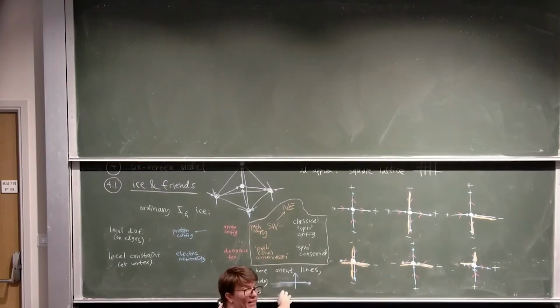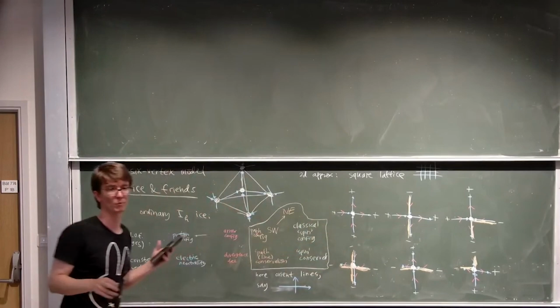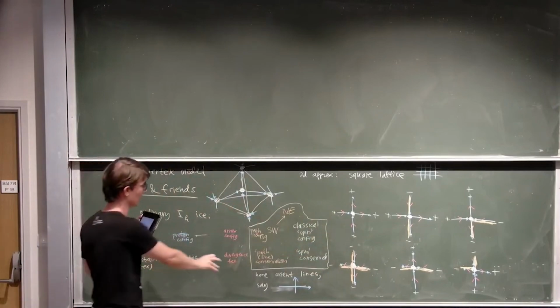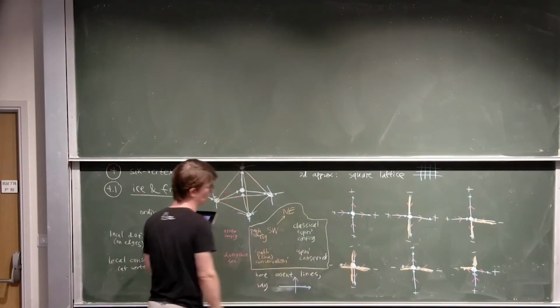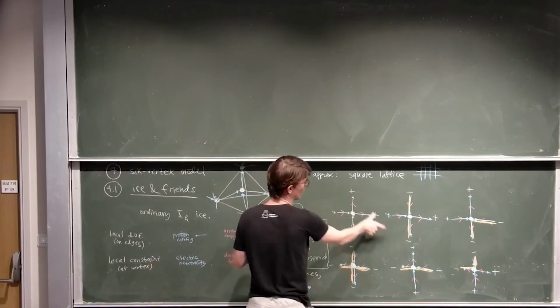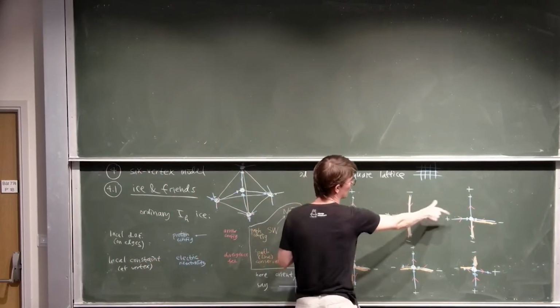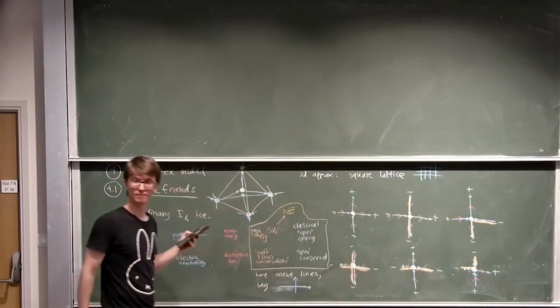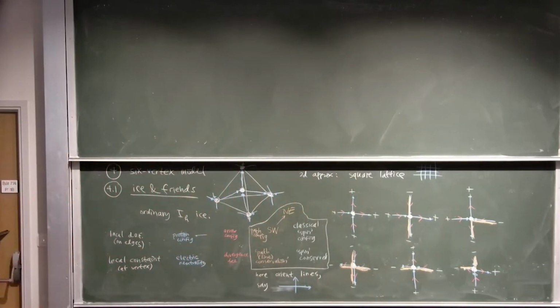This is the orientation that these paths are supposed to follow, and it is the direction in which I can measure that the spin is conserved. So here I have plus plus coming in, so plus plus comes out. Here plus minus is coming in, so they can either swap or not, and so on. So there are lots of different ways to think about the same model, and in all cases, you have these 6 different vertex configurations.